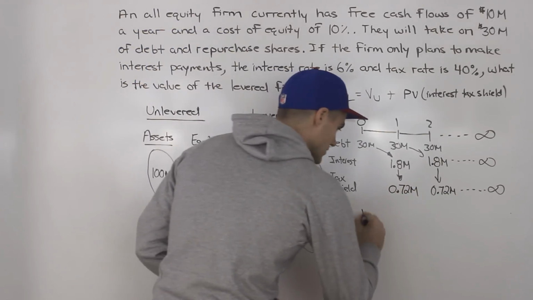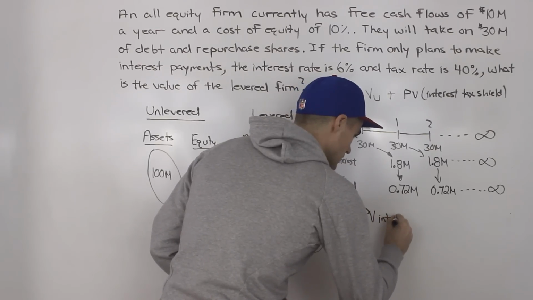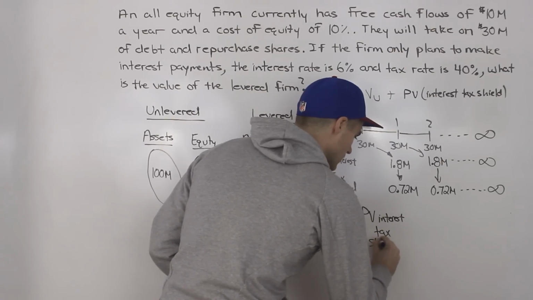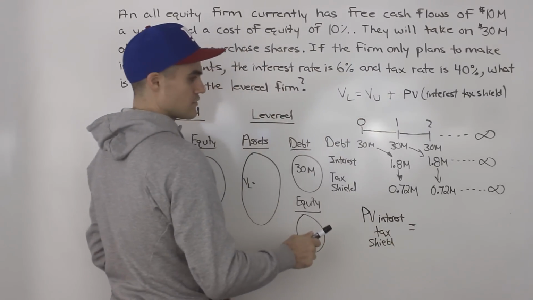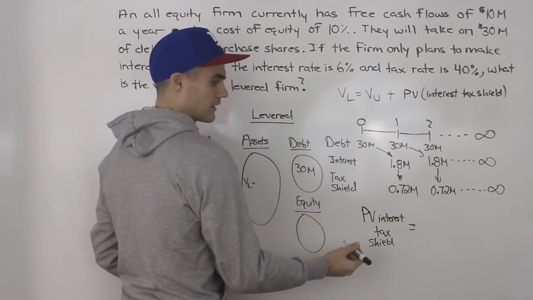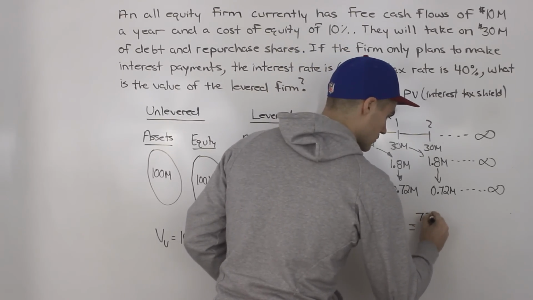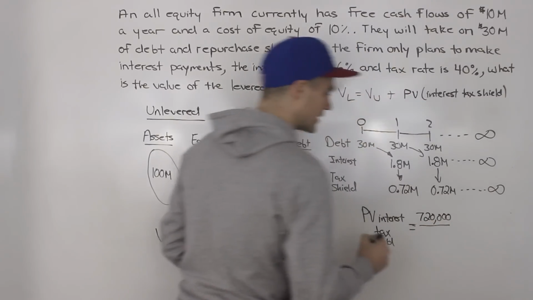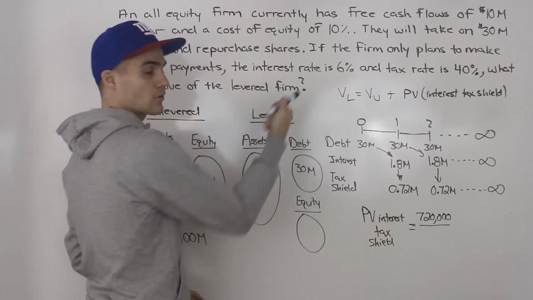So to calculate the present value of the interest tax shield, in this case with permanent debt, we would just basically take the cash flow in one period, so 0.72 million, let's actually write that as 720,000, and we're going to divide it by the cost of debt or the interest rate.